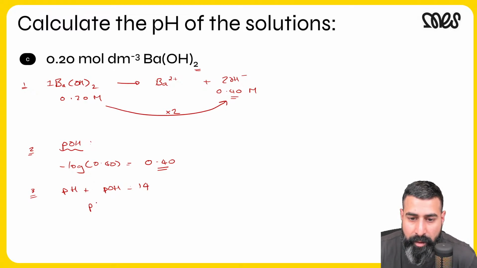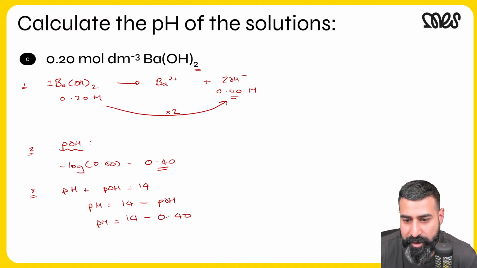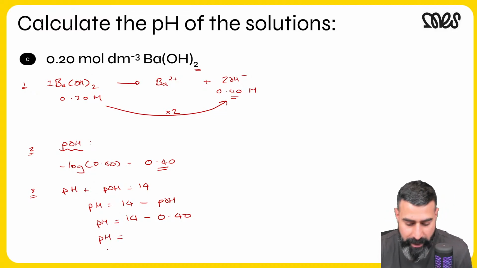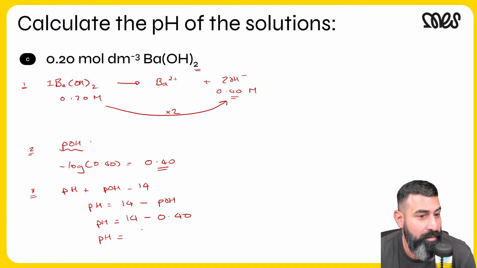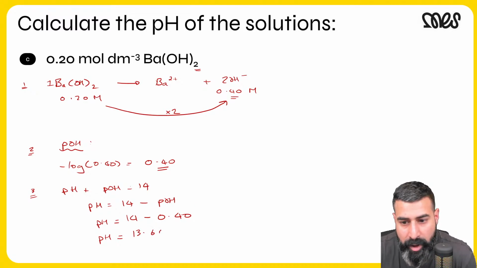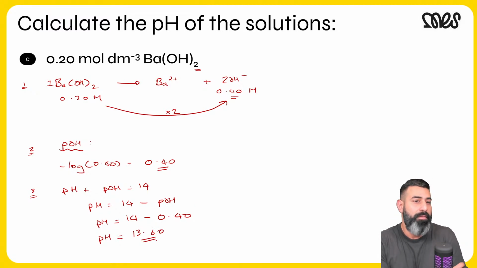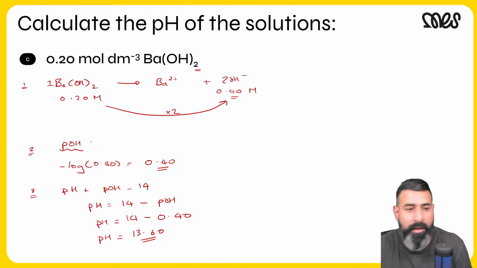So pH is equal to 14, take away pOH. So the pH is going to be equal to 14, take away 0.40. What is the pH equal to here then? What do we get? 13.6? 13.60? Yeah, happy days. Good stuff.